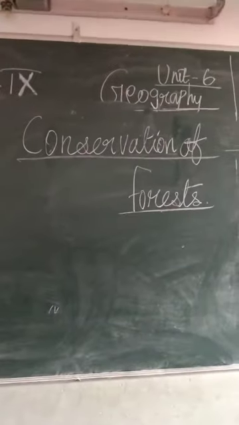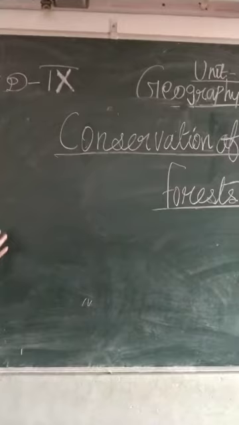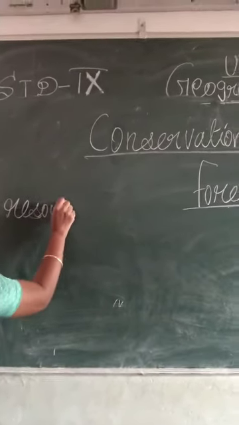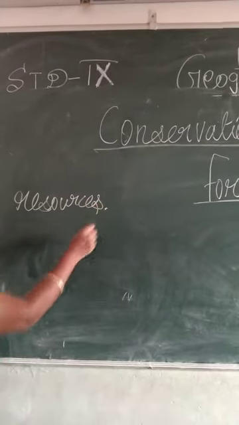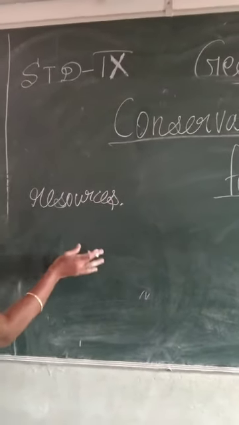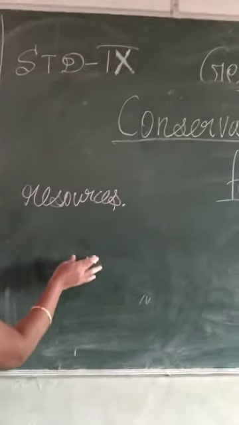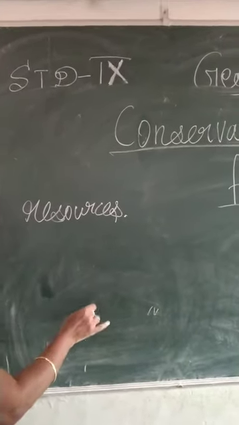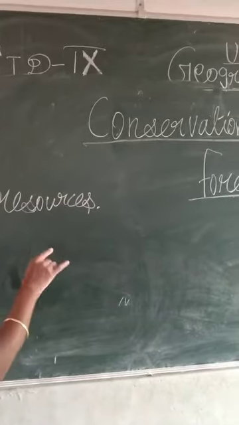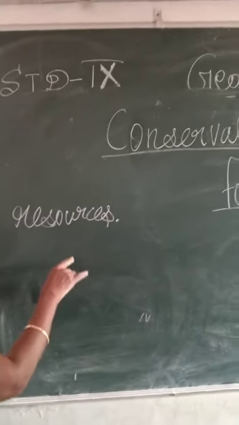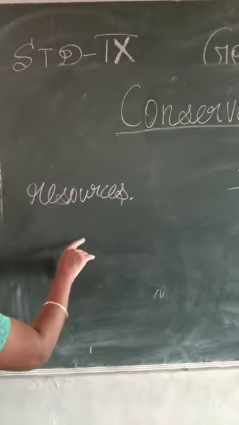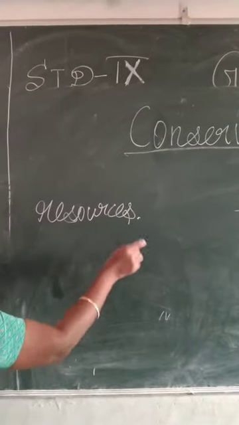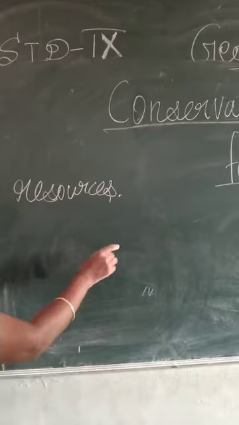Students, nature is generous in providing a variety of resources to the people. Humans in modern civilization, with advanced development in science and technology, utilize these resources beyond permissible limits.